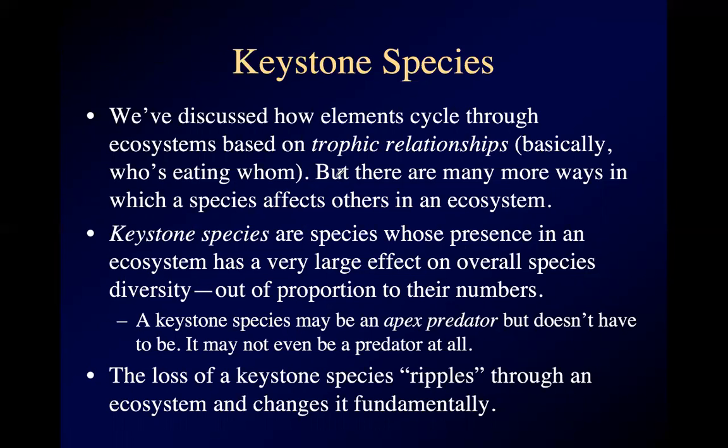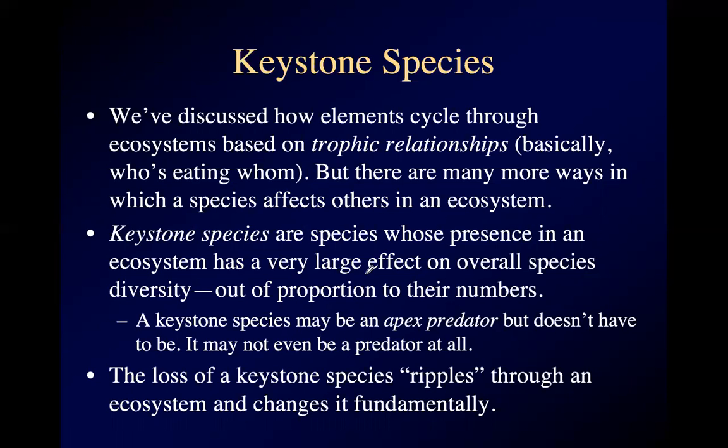And a lot of cycling is partly driven by critters eating critters. But the last thing I want to mention is that there's many more ways in which one species can affect others in an ecosystem. And we can designate some species as keystone species because those are species whose presence in an ecosystem has a major effect on the total ecosystem.